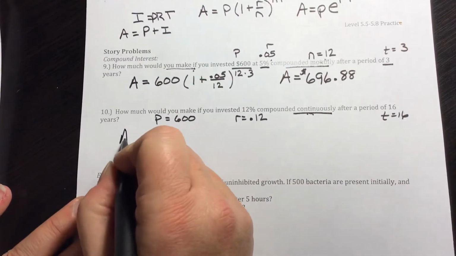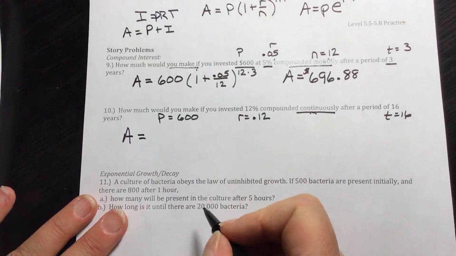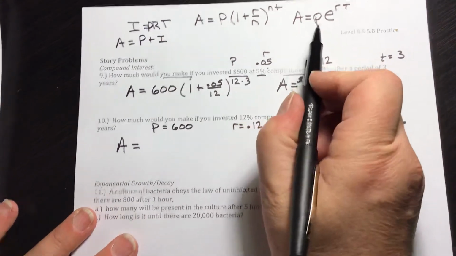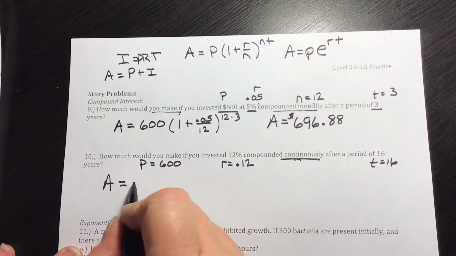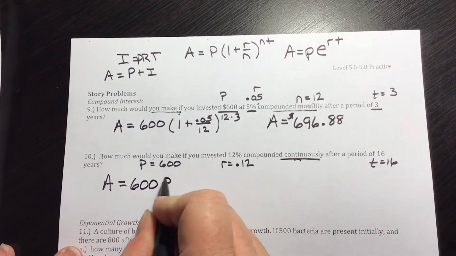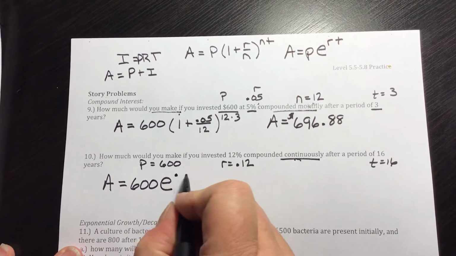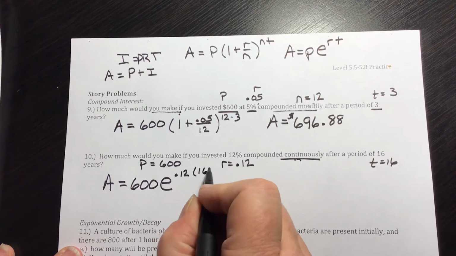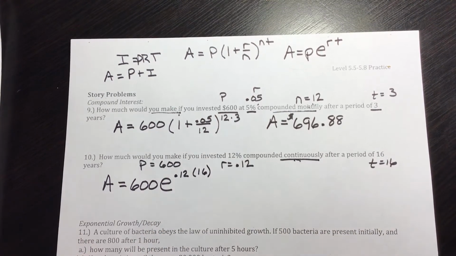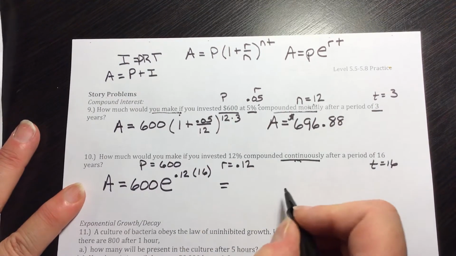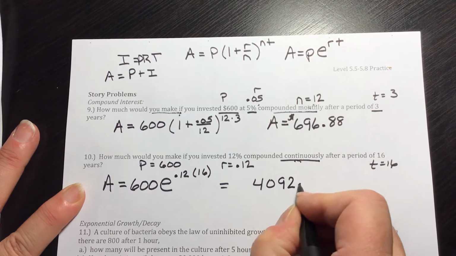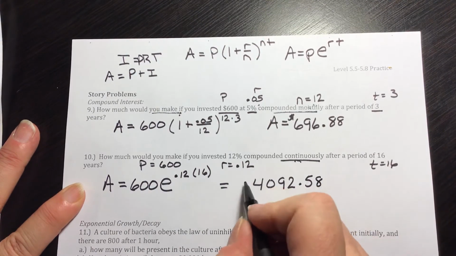So I have A, how much would I make? That's the final value. My principal is 600 times e to the interest rate 0.12 times time, which is 16 years. And when I calculate that, I get a value of $4,092.58.